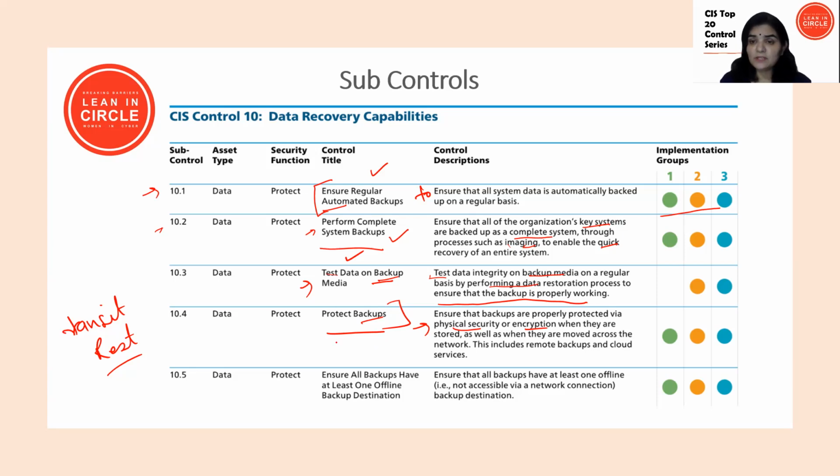So if such a situation occurs, the fifth control says to ensure all backups have at least one offline backup destination, which should not be connected to the internet and should not be accessible by a network connection, so that in case of any disaster through which you are not able to access the online images, at least you have an offline backup destination where your backup is stored.